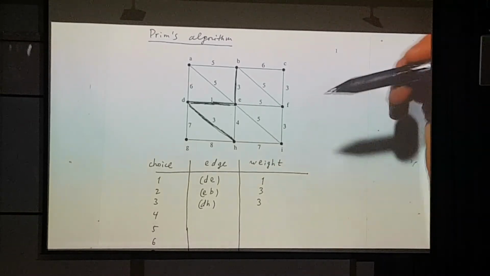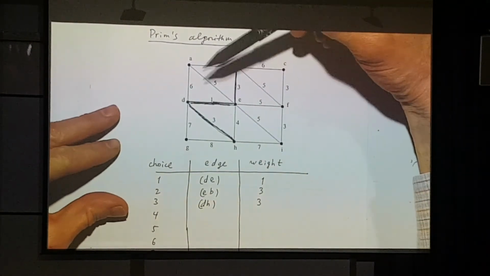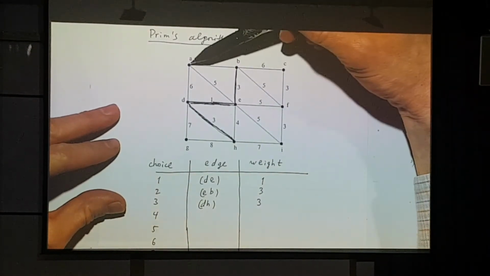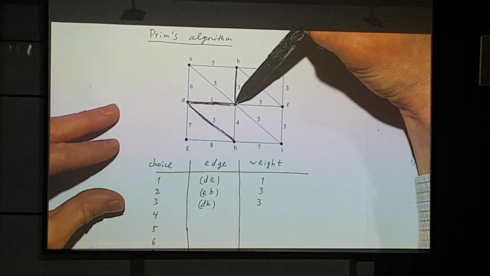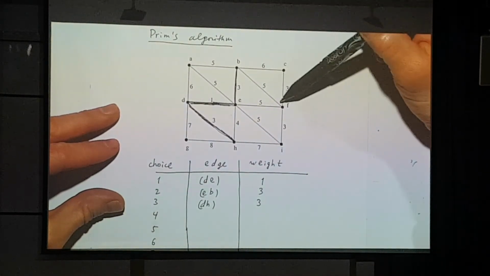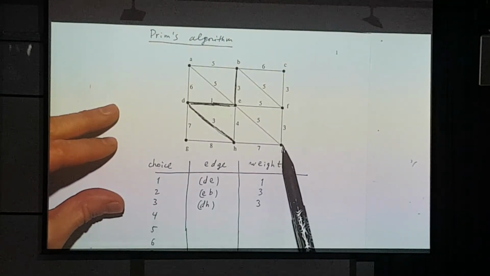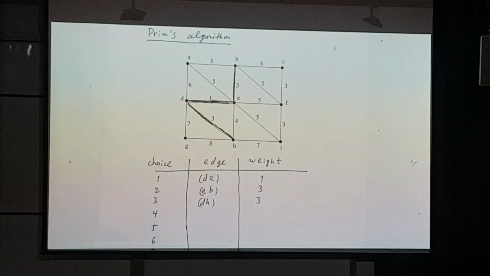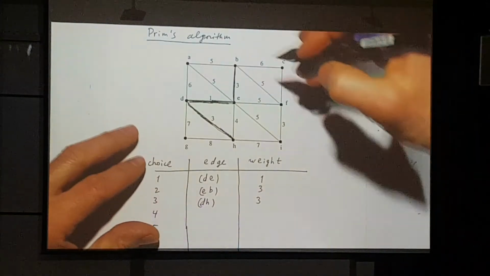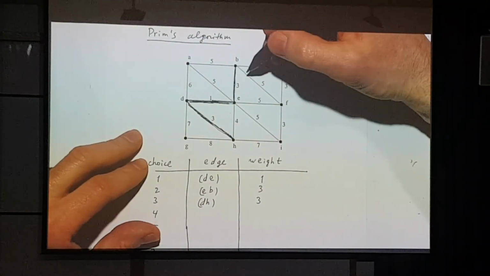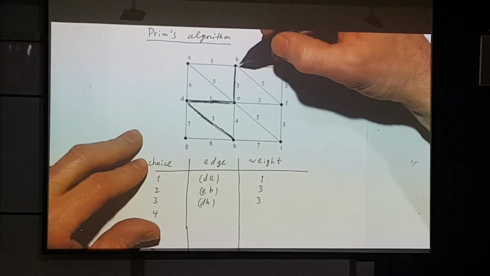So next I pass to weight 5. Here I have various options. I can add EA, so this is weight 5, or I can add BF, which is weight 5, or EF, or EI. Each of these choices is legitimate, right? So I'm guaranteed whichever choice I make, it will be a minimal spanning tree.